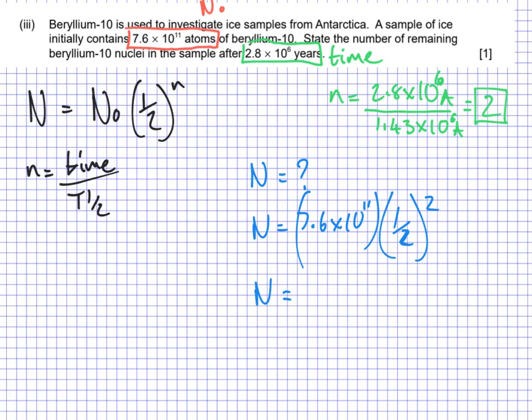So the amount of beryllium-10 nuclei after 2.8 times 10 to the 6 years is going to be 1.9. I've gone to 2 sig digs because there's my 2 there. That's the precision that I can use. So 1.9 times 10 to the 11, and this would be atoms or nuclei.